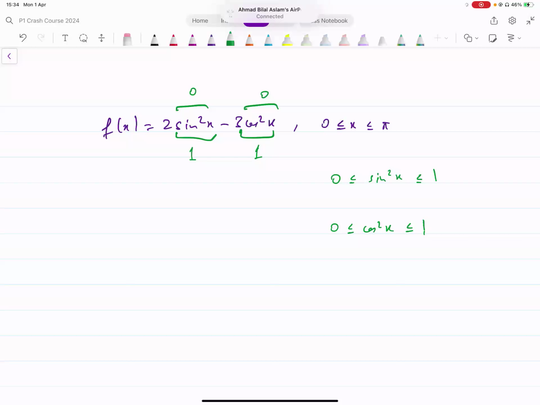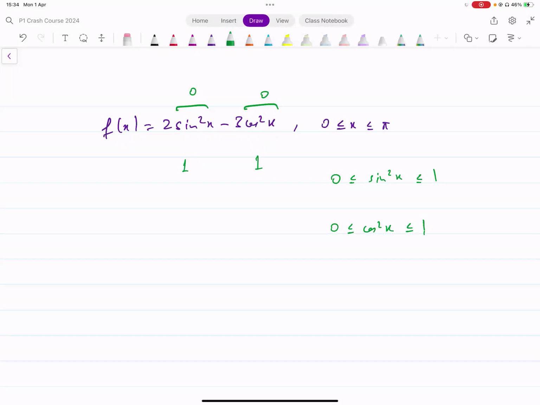That's very good. So basically, if we input 0 in both of them, we are saying they become 0 at the same point. But that's not what happens. The values of sine x and cos x cannot be 0 at the same time. That's not possible. Similarly, they cannot both be 1 at the same point.